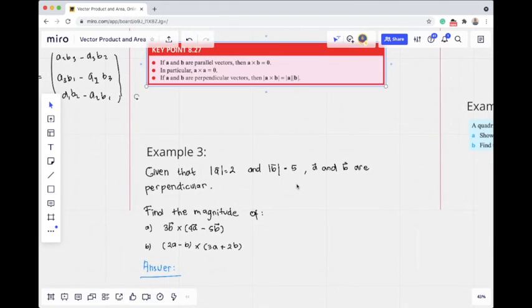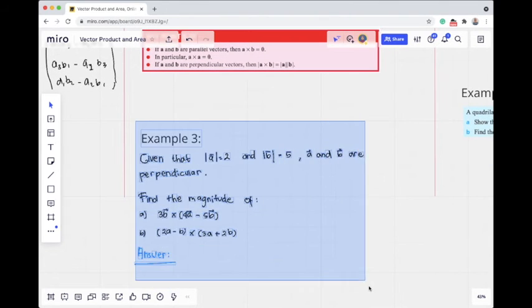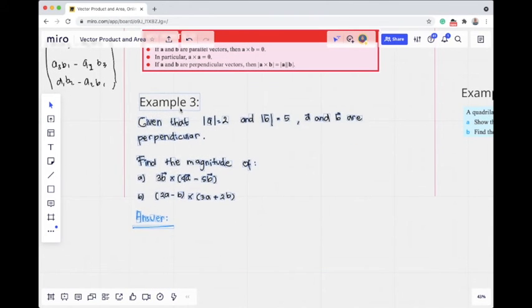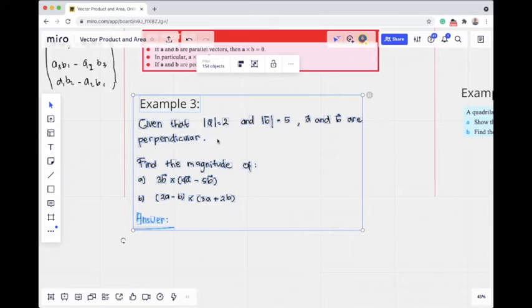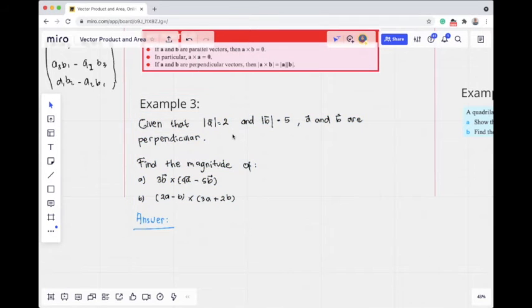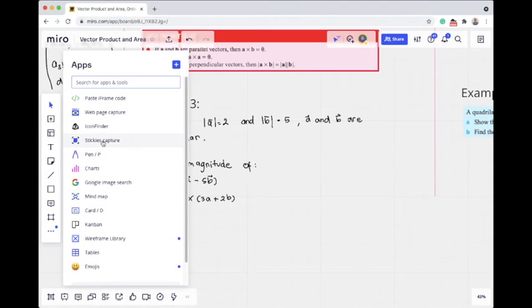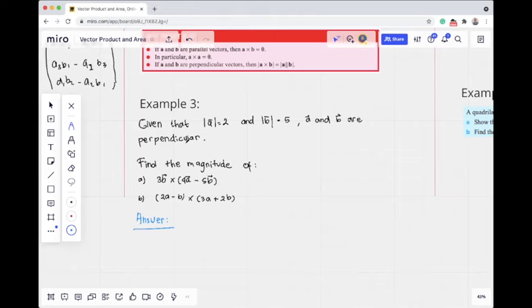Okay, let's try some examples. Given that the magnitude of A is 2 and the magnitude of vector B is 5, and A and B are perpendicular. This is the important note: A and B are perpendicular, so the angle is 90, then sine 90 is 1.